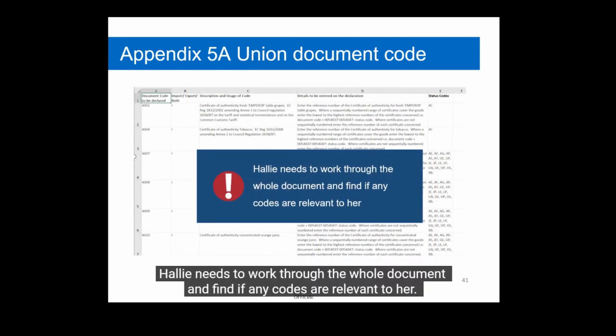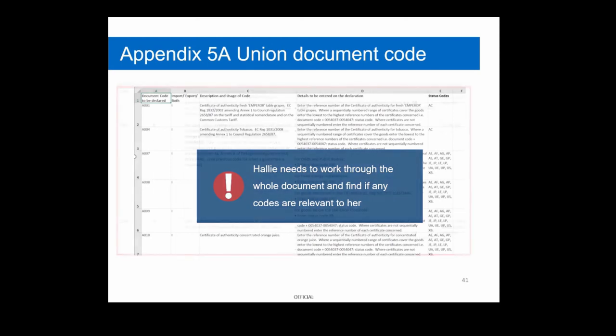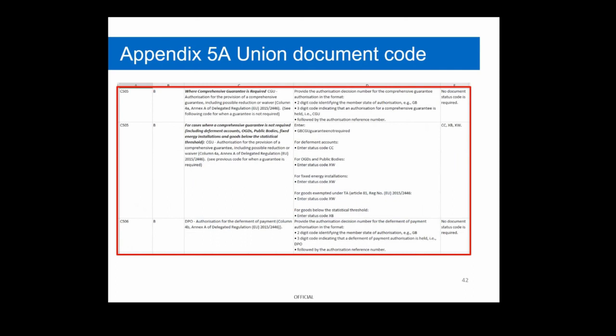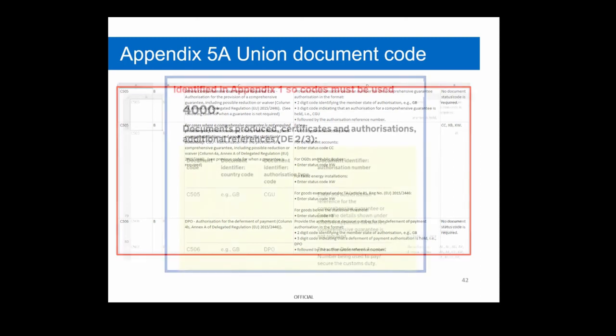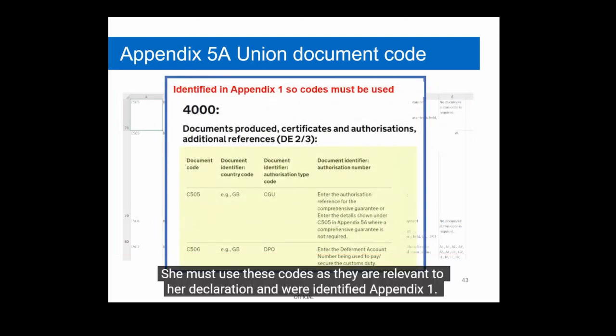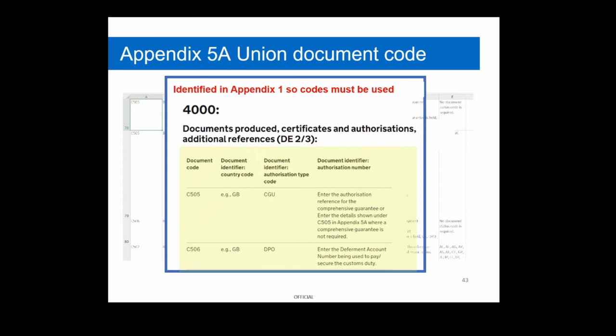Hallie needs to work through the whole document and find if any codes are relevant to her. As she scrolls down, Hallie will see codes C505 and C506, which she previously identified. She must use these codes as they are relevant to her declaration and were identified in Appendix 1.